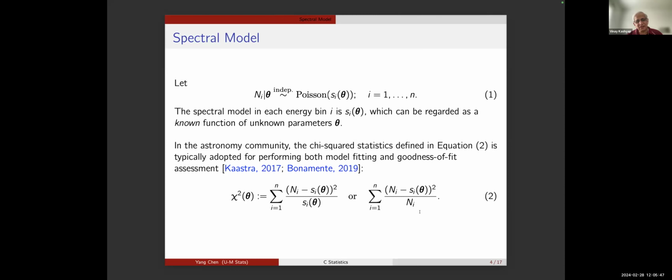Yes, actually, Keith is on the line, so he's probably the best person to answer this. But I don't mind interjecting one thing. The only thing that I do know on this is that if you use Si, I believe that's what Wilks called the modified chi-square. So this is the one that has the better theoretical properties.